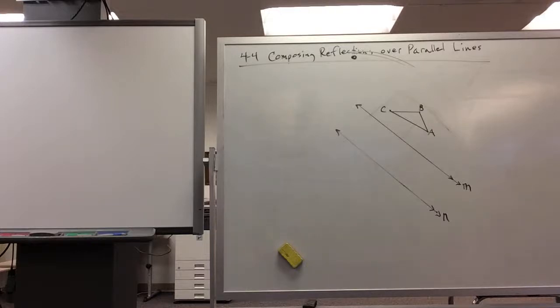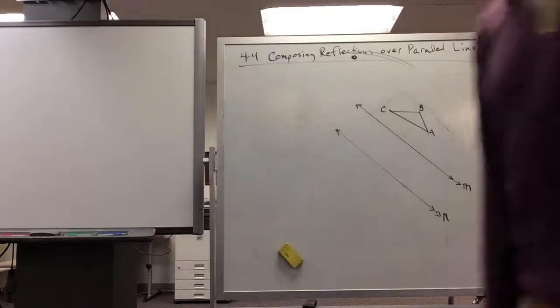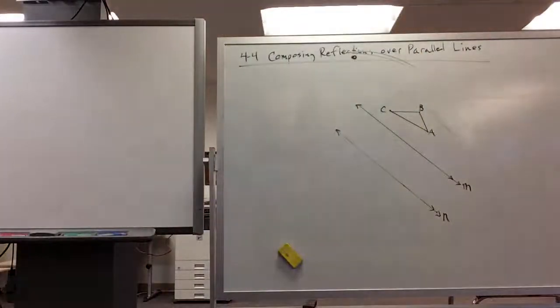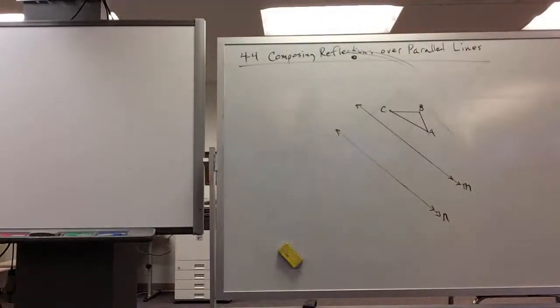Now, what they want us to do is fold our paper, but I don't wanna do that. I think you guys are beyond that. I think you can do reflections pretty well. It's only 3 points. So what we wanna do with this is a composition of reflections.